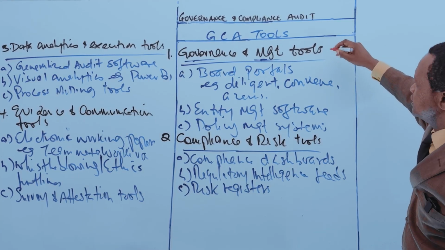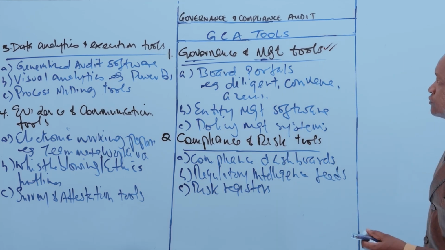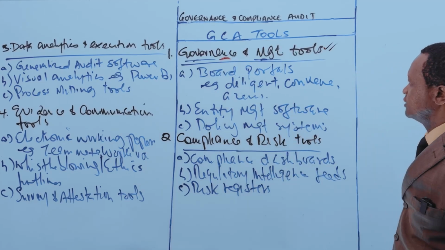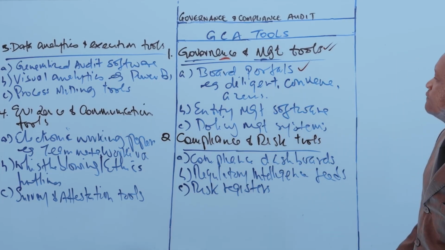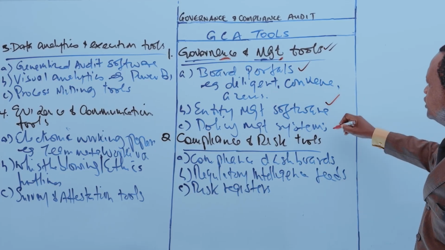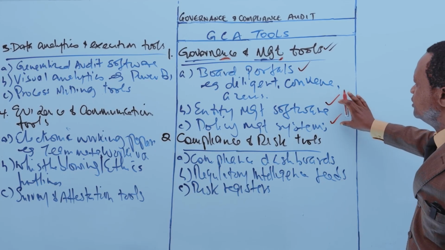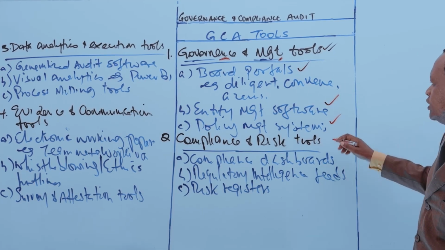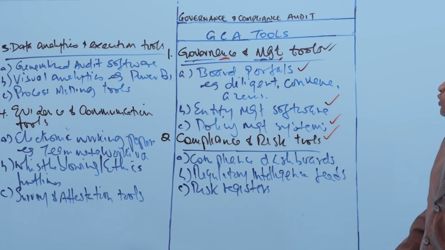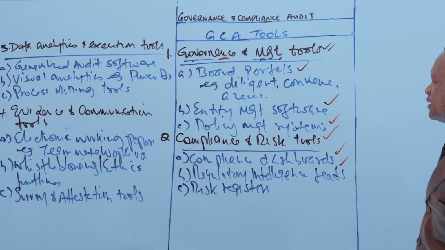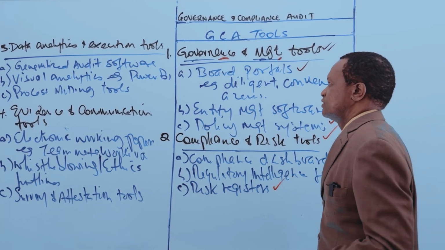So the first category is governance and management. Governance is a tool for the board of directors, like the board portals. Management tools are tools like the entity management software and policy management. The first one is governance tool. The second category is compliance and risk tools, for example the compliance dashboards, regulatory intelligence feeds, and risk registers.